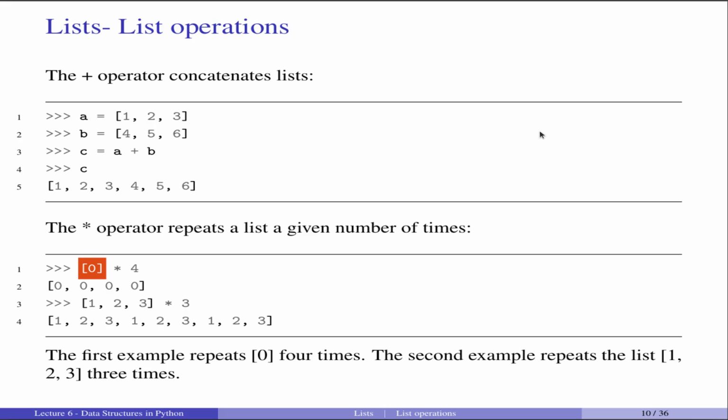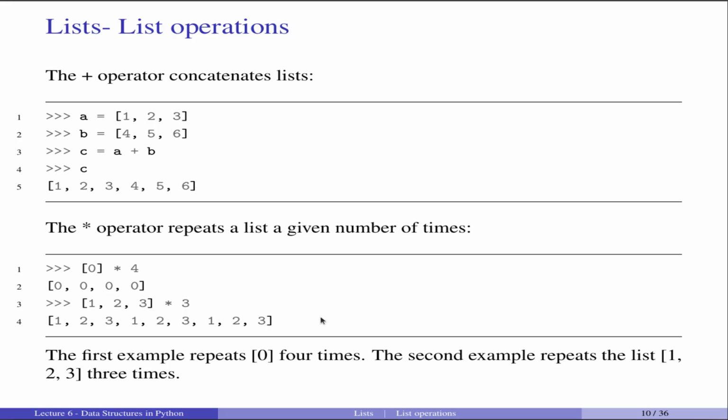So the new list will be 0 0 0 0, 4 zeros. Interesting. Similarly, if I take the list 1 2 3 and multiply it by 3, it will repeat the list items 1 2 3, 3 times. As you can see, there is 1 2 3, there is another 1 2 3, and there is another 1 2 3.